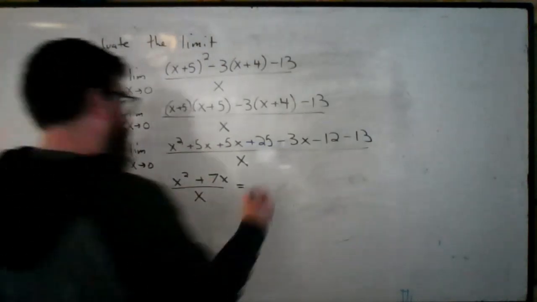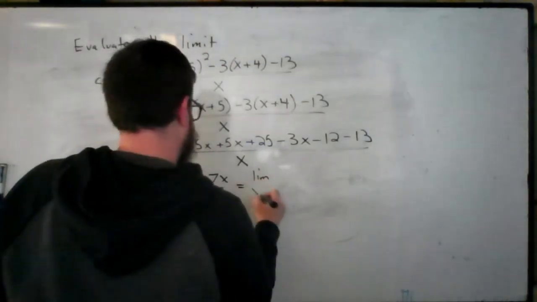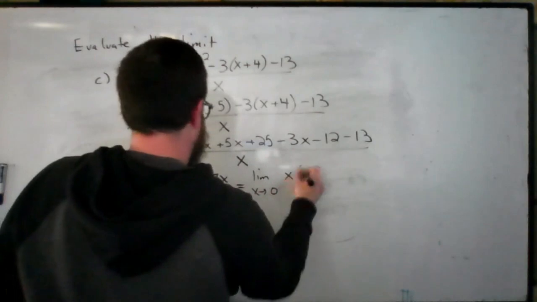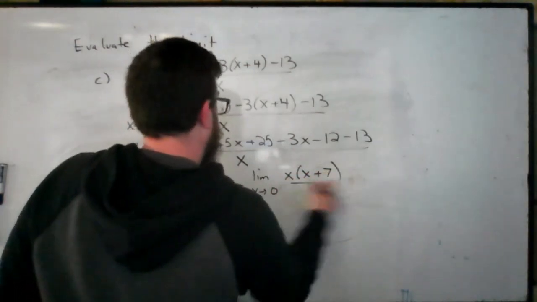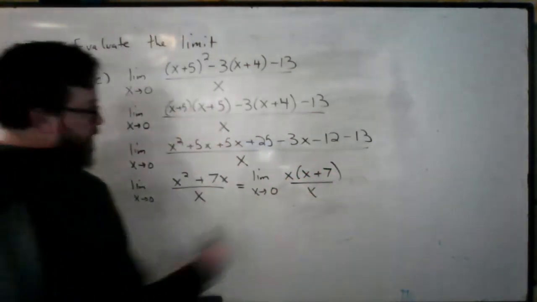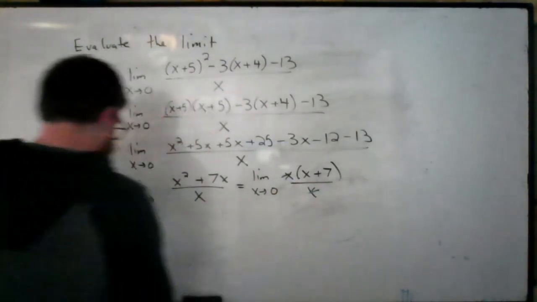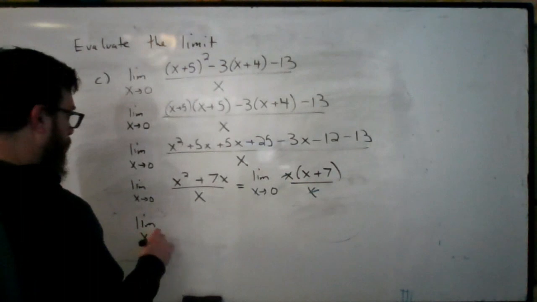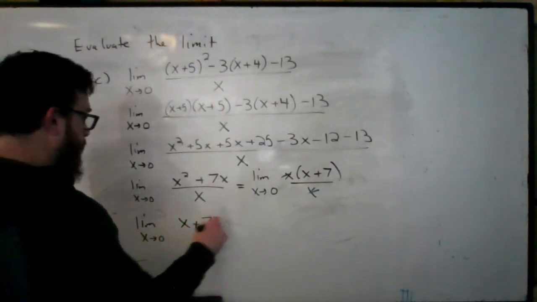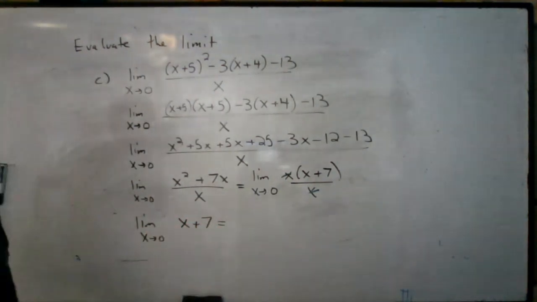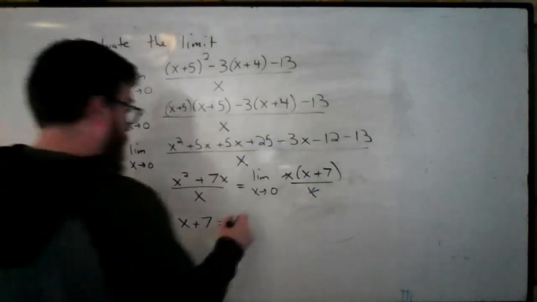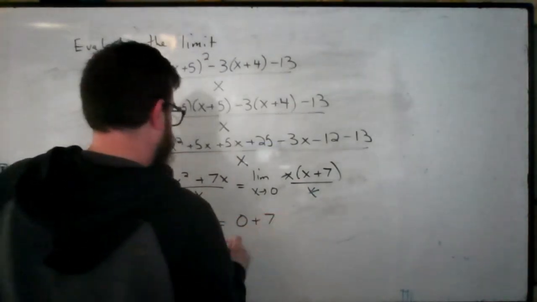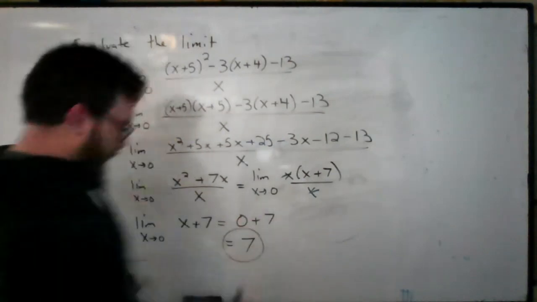You can see that the numerator has a common factor of x. Factor out the x, I'm left with (x plus 7) all over x, and those x's will cancel. So this is going to be the limit as x approaches 0 of x plus 7. This function is defined at x equals 0, so I can plug it in. So 0 plus 7 is equal to 7. And that's the limit.